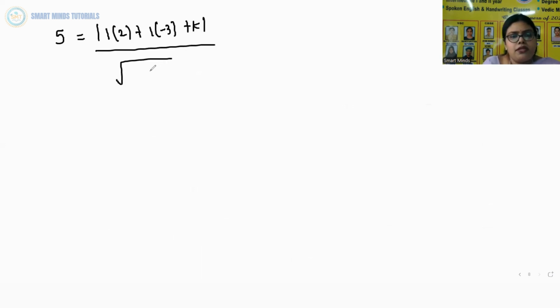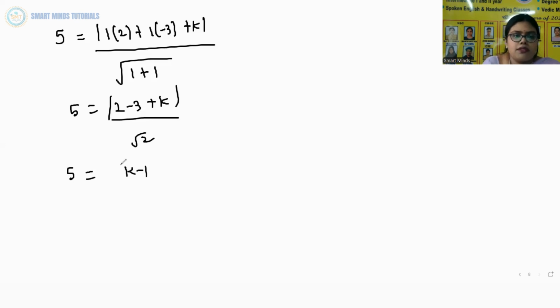There I will be substituting the values. So mod 1 into 2 plus 1 into minus 3 plus k, by, A and B are 1 and 1, so root of 1 square plus 1 square. So 5 is equal to mod of 2 minus 3 plus k by root 2. So 5 is equal to mod of k minus 1 by root 2.